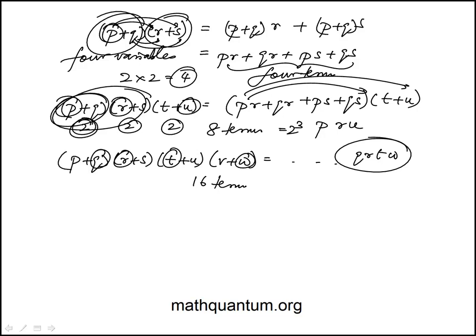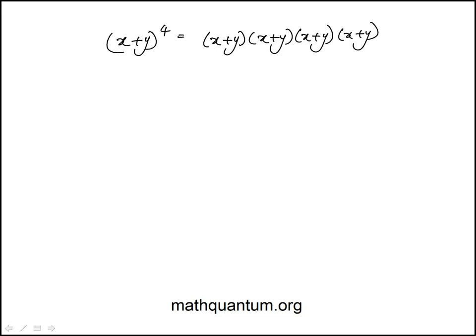Now, what happens in the case of x plus y to the 4th? So I want to take that information that we did for the general case and apply it to the specific. That's what we're interested in, this expansion of x plus y to the power of 4.